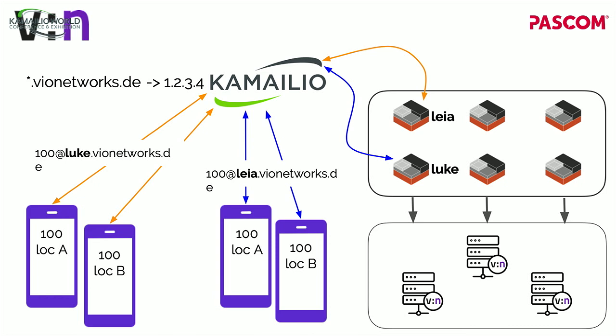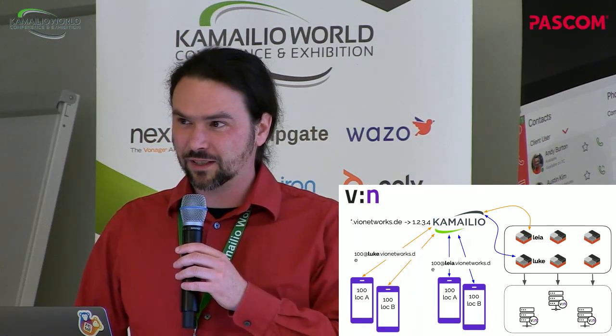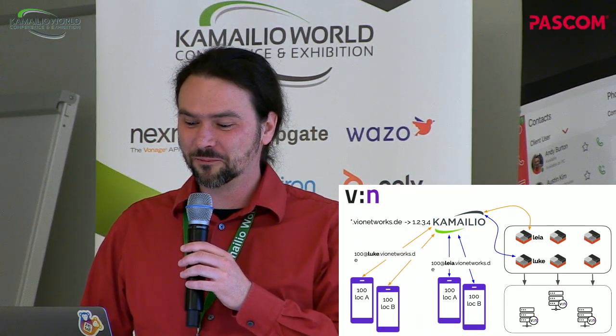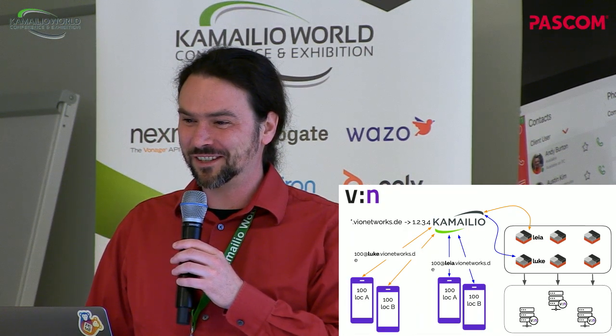For example, the customer Luke has two devices in two different locations, and Kamailio will route it to the Luke container, and Layer has the same, but ends up in the Layer container, giving us the opportunity to operate, like I said, one IP address, of course limited concurrent-calls-wise with the ports and stuff that we already heard, but still a very nice setup, and that's it.